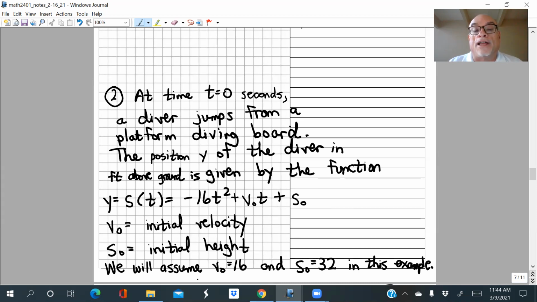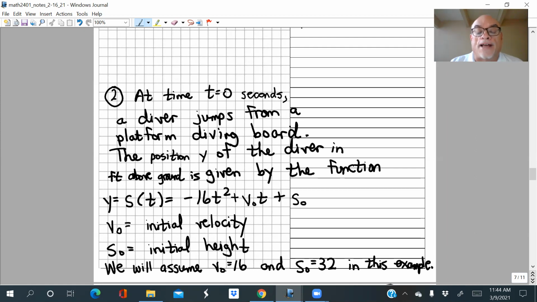So if you're in different diving situations, this quantity might change, the initial velocity might change, and the initial height might change as well. Actually, there's nothing special about a diver in this formula. This same formula would apply to any object falling under the Earth's gravity. Okay, so you could make up a story about any object being tossed from a height, and you could use the same formula, right?